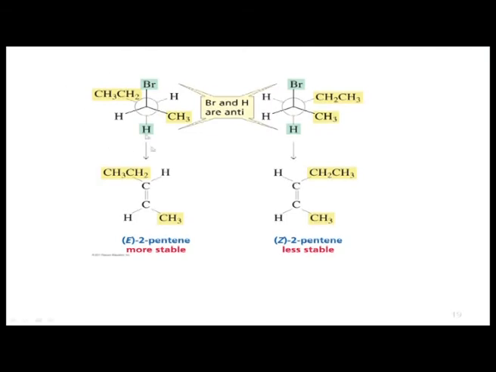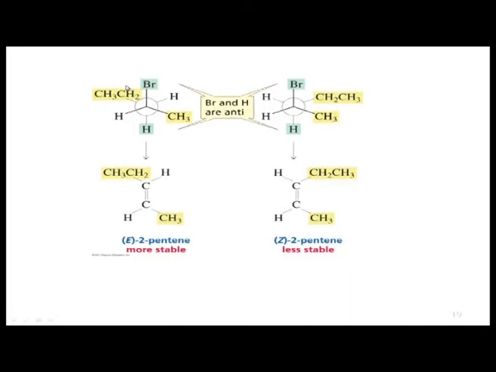Now, first of all, to eliminate, the hydrogen and bromine should be anti to each other. So, in one conformation you have the hydrogen and bromine anti, and while doing so you have put the methyl and the ethyl group anti to each other.